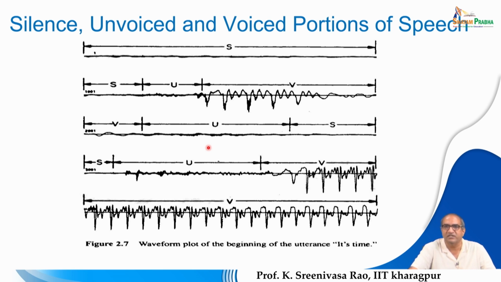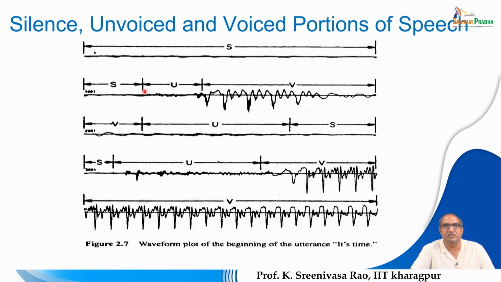We know that unvoiced excitation is the result of a complete closure of the speech production system at some point in the oral cavity, and afterwards a sudden release of the constriction acts like excitation. Due to the sudden release, the air rushes through the narrow opening and creates turbulence noise, and that way you perceive the noise in the speech signal.